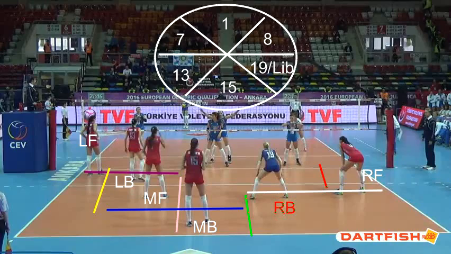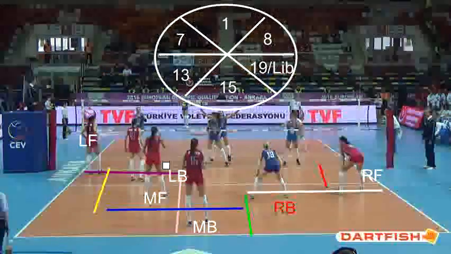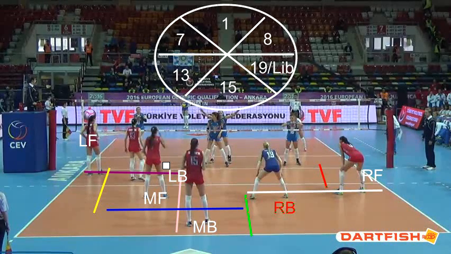Now the setter, number 13, in this situation, because she's left back, has to be behind number 7 and to the left of number 15. She's also to the left of number 1, but she doesn't have to be. So I'm going to grab her left back moniker there and show you she could move all the way over here if she wanted to before service contact.